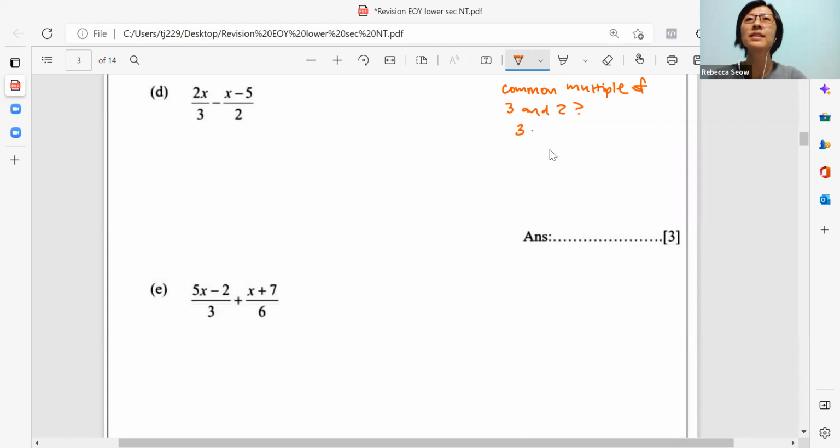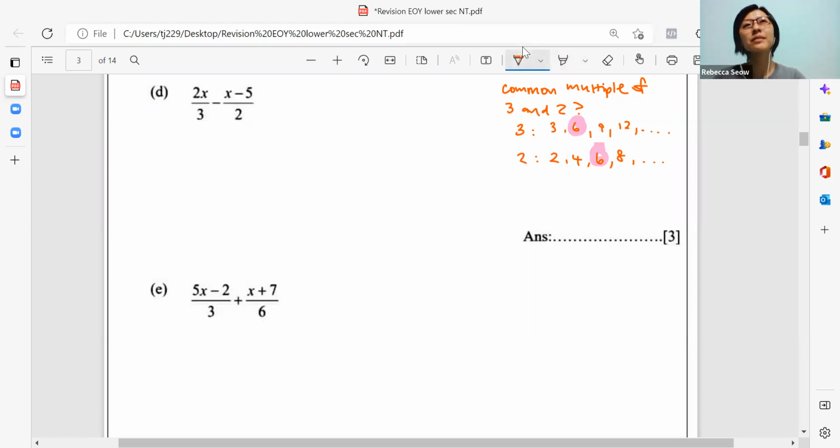So if we're to list out the 3 times table, we have 3, 6, 9, 12, right? So on and so forth. Times table of 2, we have 2, 4, 6, 8, 10, 12. Okay, what's common over here? Not sure whether you noticed. 6 is a common multiple.